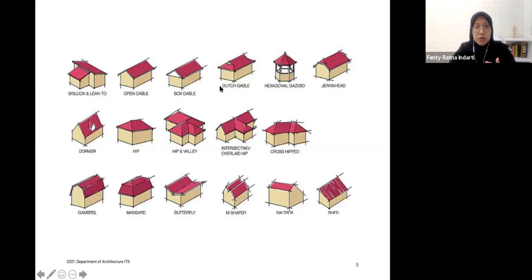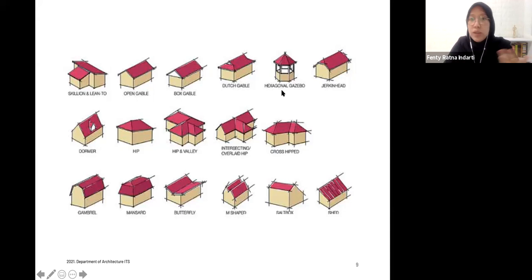And then there is box gable, which means that the gable area is protruding. And then there is Dutch gable, which is very familiar, commonly found in the Netherlands, but we can also find it in Indonesia, mostly for colonial buildings, because it tries to incorporate the Dutch design from the past during the colonization.